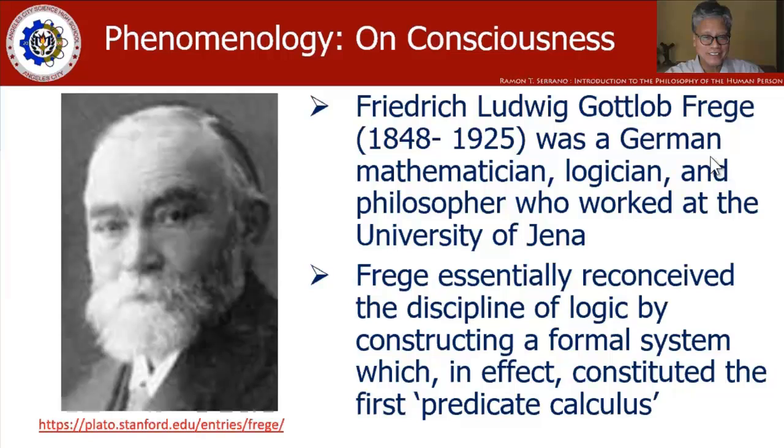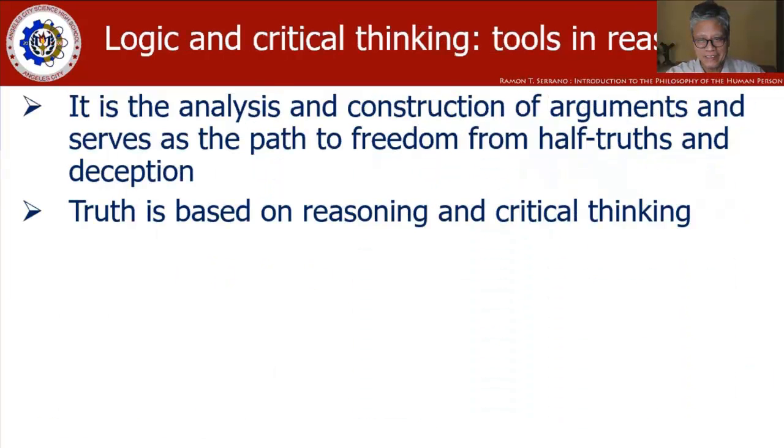Wow! Started the predicate calculus. Okay. Now, logic and critical thinking as tools in reasoning. It is the analysis and construction of arguments and serves as the path to freedom from half-truths and deception. Truth is based on reasoning and critical thinking.